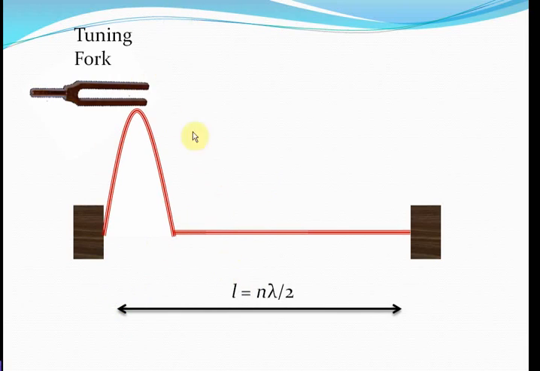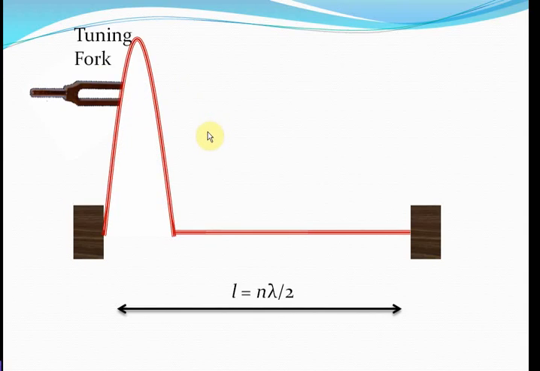And again, since this wave has also travelled a distance of n lambda by 2 from left to right and n lambda by 2 from right to left, again it will be in phase with the next wave that is being generated by the tuning fork, and therefore this wave will interfere constructively with the new wave being generated because of its phase difference of n lambda with the new wave, and this wave will travel again.